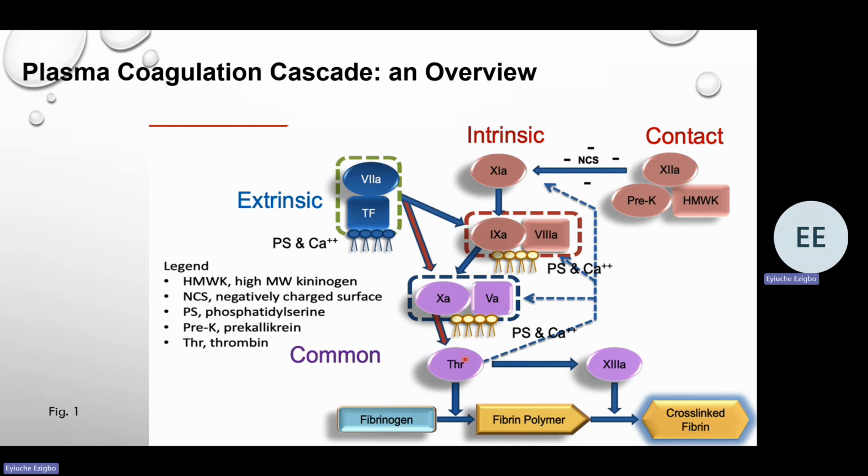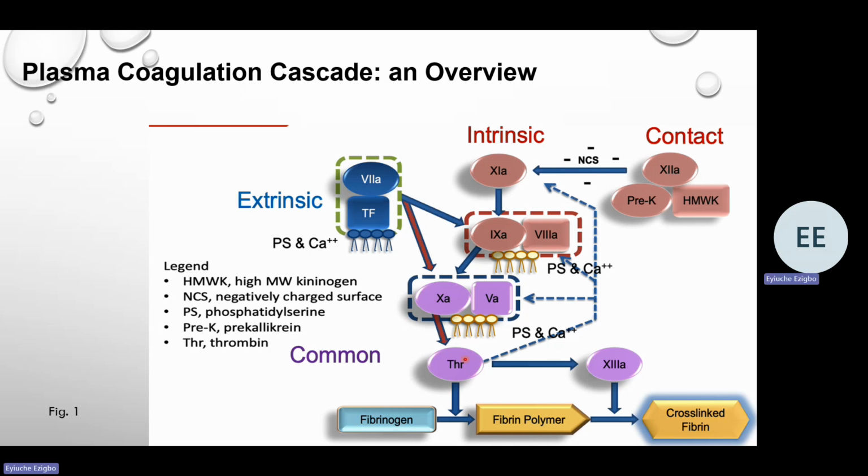Then this complex of factor 10 and the phosphatidylserine from the platelet cleaves prothrombin to form activated thrombin. That's factor 2. Then the activated factor 2, the thrombin, now cleaves fibrinogen to form fibrin.